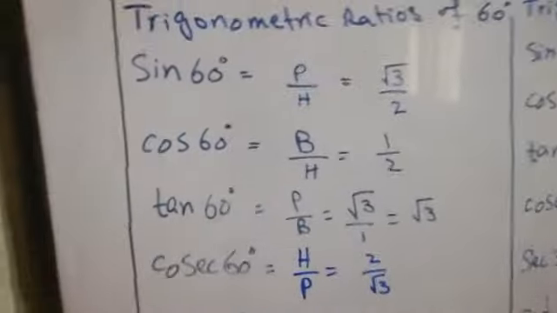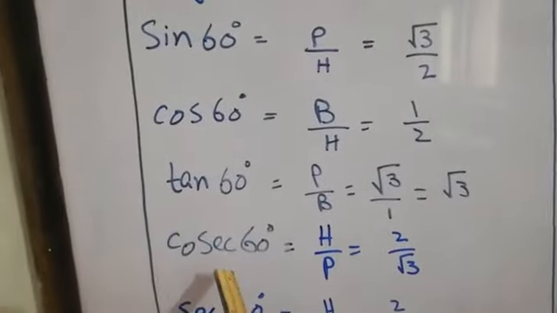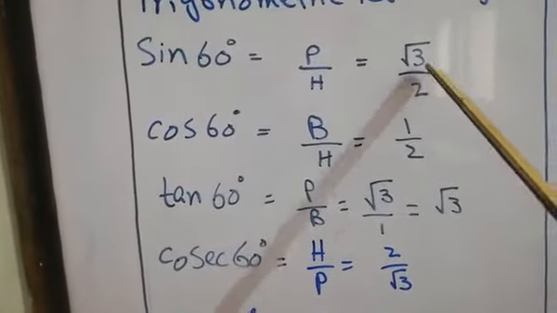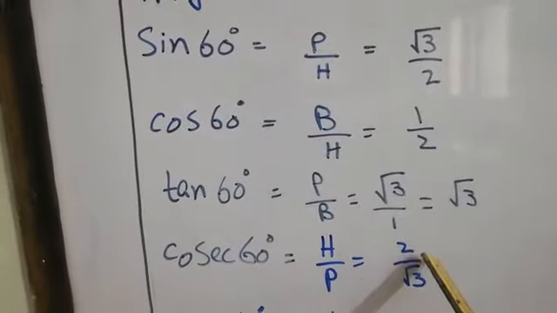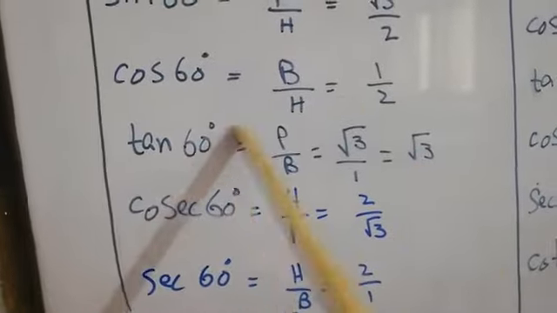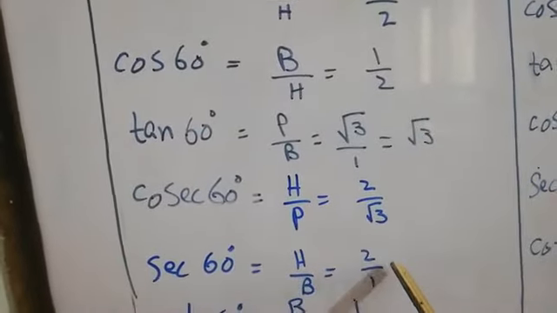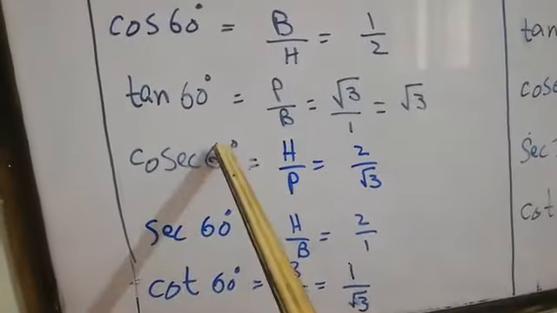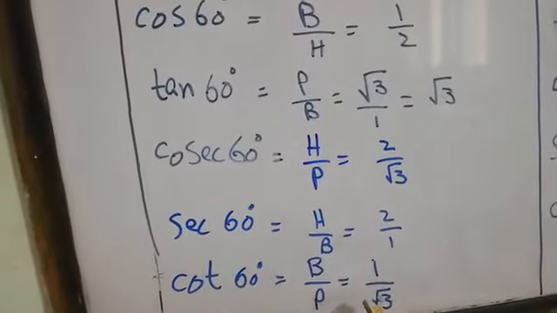And you know that the inverse of sine is cosecant, so we will write the inverse of square root 3 by 2, which is 2 by square root 3. And here secant is the inverse of cos, so 1 by 2 becomes 2 by 1, and cot is the inverse of tan, so it becomes 1 by square root 3.